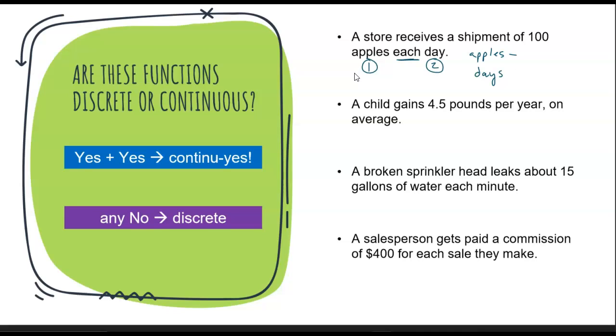No. They're going to reject half an apple. And a quarter of an apple, definitely not okay. And a thousandth of an apple, that really stops being an apple, right? So we cannot divide apples infinitely. We can divide days infinitely. You can have half a day, quarter of a day, a thousandth of a day. All of those make sense. Time is infinitely divisible. But we have one no and one yes. Well, this is not two yeses, so no, it's not continuous. It must be discrete. This one is discrete.